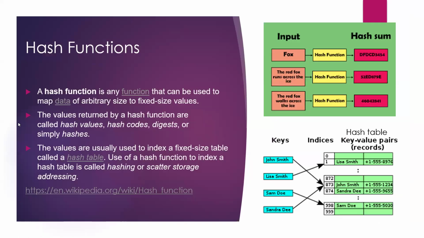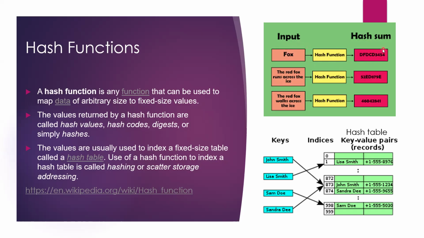The concept of a hash function is just a function that takes any object of any data type and of any size and comes up with some representation of that object that is always consistent. That's what we call the hash sum. So the output of the hash function is a hash sum, which is a representation of the input object.